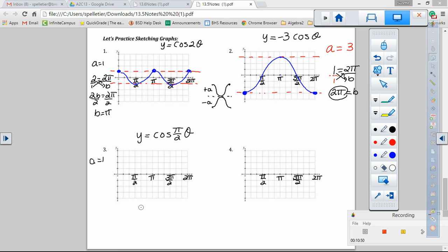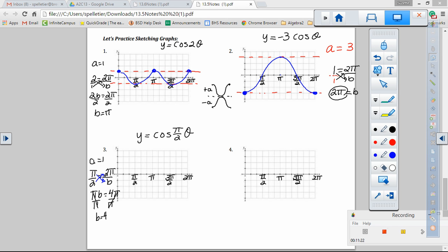It's going in the proper direction this time, it's not reversed. And pi over 2 is equal to 2 pi over b. Cross multiply, top to bottom, bottom to top. So I get pi times b equals 4 pi, divide by pi. So b equals 4.